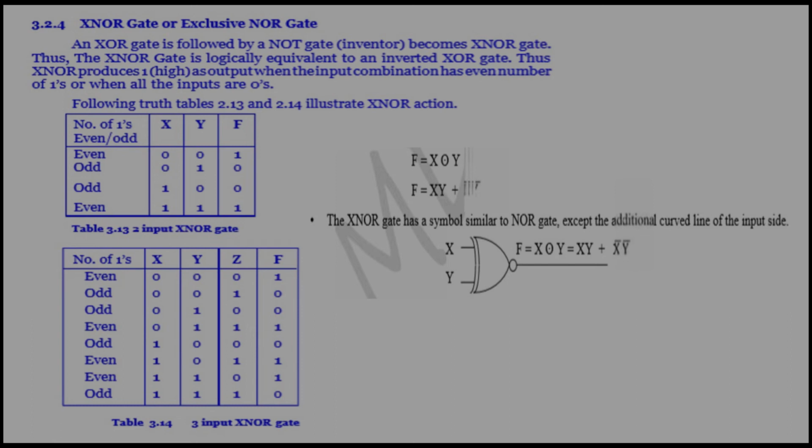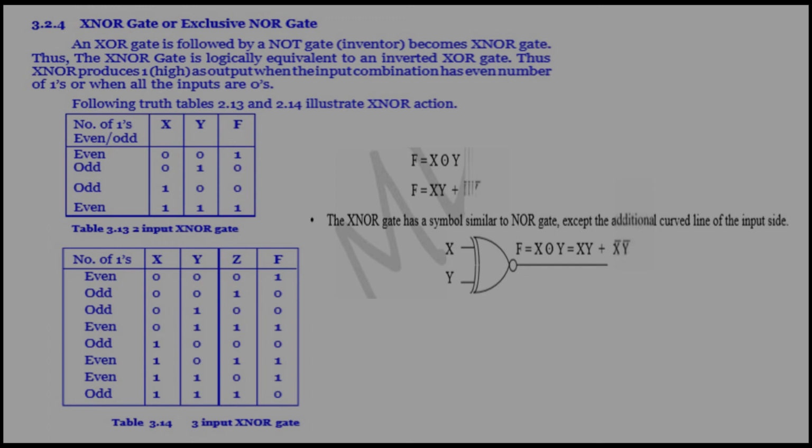In the XOR, if the number of ones is even, we will get the result as 0, and if the number of ones is odd, we will get the result as 1. Here, in the exclusive NOR gate, if the number of ones is even, we will get the result as 1. If the number of ones is odd, we will get the result as 0. That is the opposite of exclusive OR, since for the output of exclusive OR we are adding the NOT.